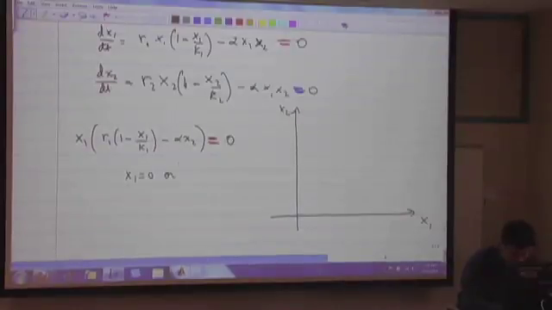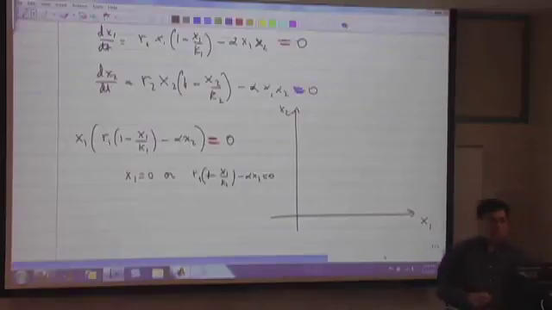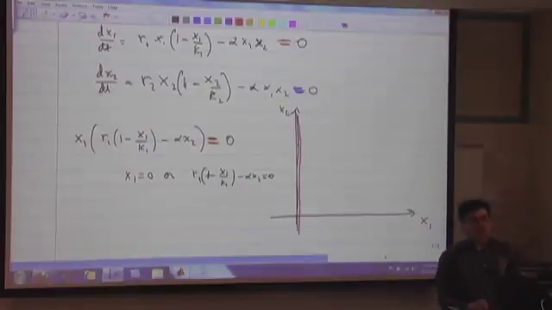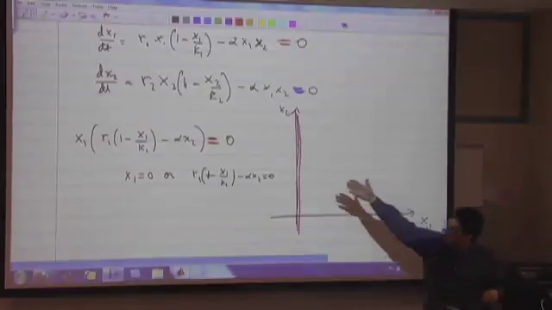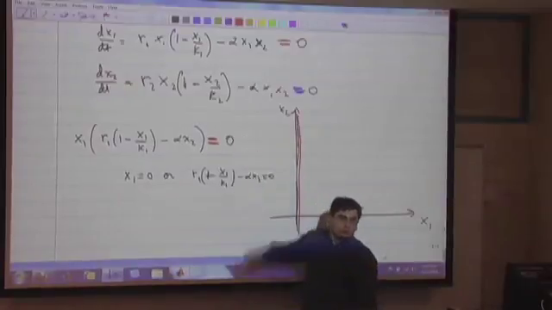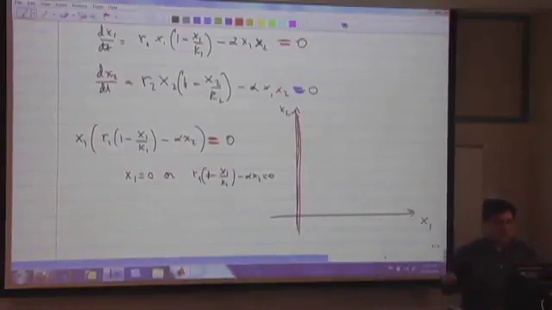And this leads to either x1 equals 0 or r1 (1 minus x1 over k1) minus alpha x2 equals 0. So what's the first one? x1 equals 0 is the x2 axis. Any point on the x2 axis makes the red equation satisfied, right?